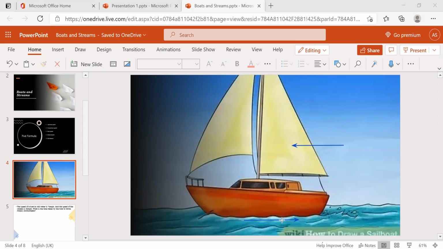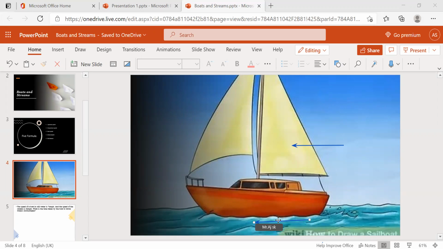And what will be the downstream here? Whenever your boat is traveling this way and the river is also flowing in the same direction, some external speed will be added to our speed, and it moves forward faster. The simple concept: whenever you are traveling and there is a slope, our speed will increase.